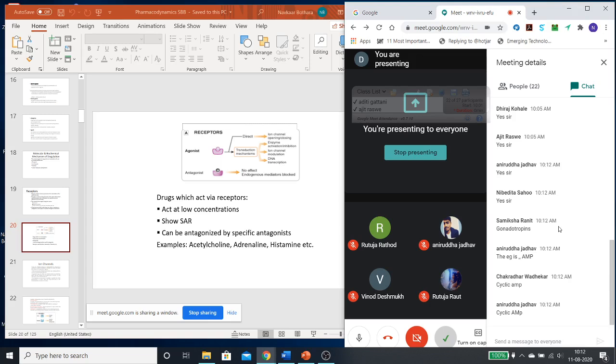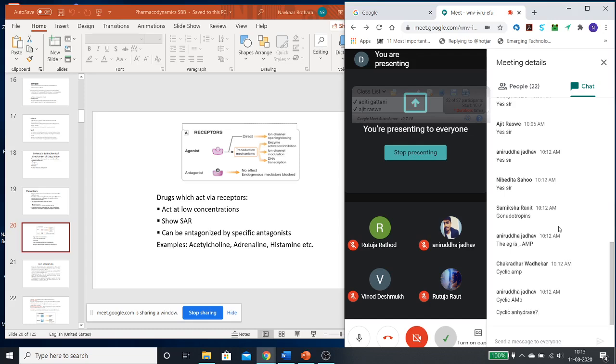In the pathway of acetylcholine or noradrenaline, particularly acetylcholine in smooth muscle, it causes activation of, yes, calcium. Very good. It is not extracellular; it is intracellular calcium.